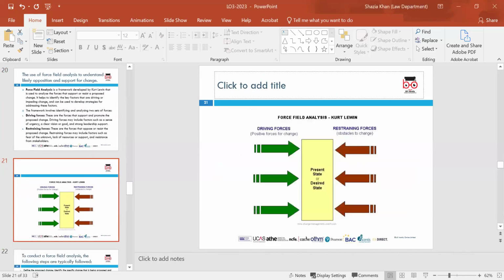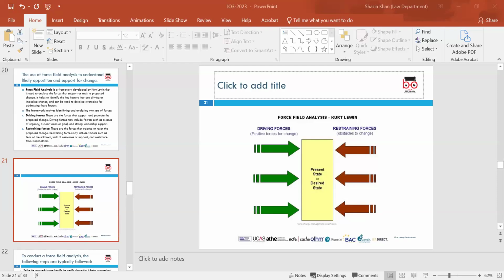The force field analysis was developed by Kurt Lewin and is a method for listing, as we said, the various forces for and against change. Lewin's force field analysis is a powerful tool used to understand the need for change in both corporate and personal environments.